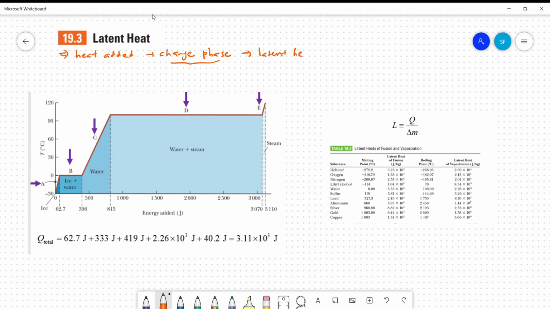So latent heat is one type of energy that is transferred not to increase the temperature of the substance, but to change the bonding of the molecules inside the system.